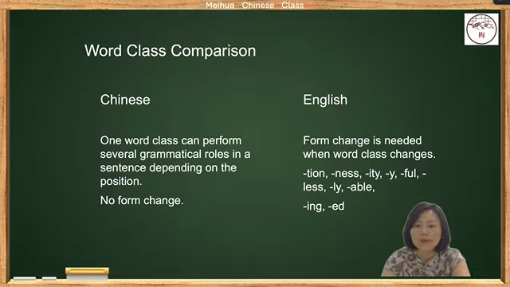Or by attaching other suffixes, for example, -tion, -ness, -ing, or for participles, -ing or -ed. We don't have such rules to change the form of any word or any character. Any character has only one form, no other variants.